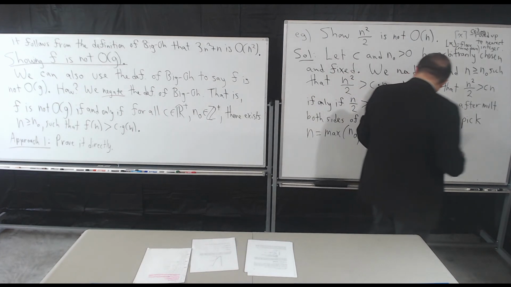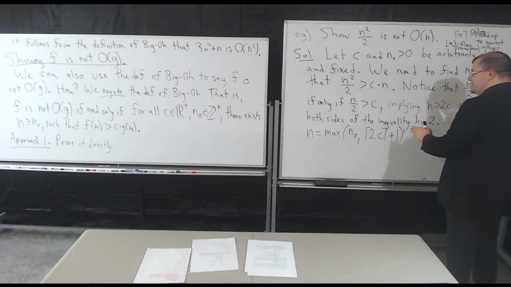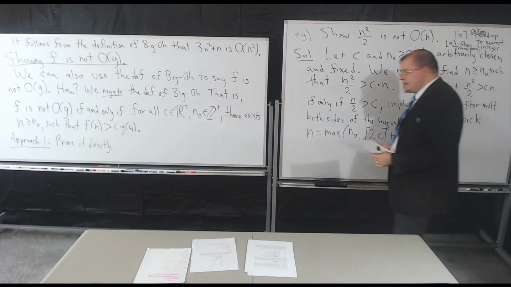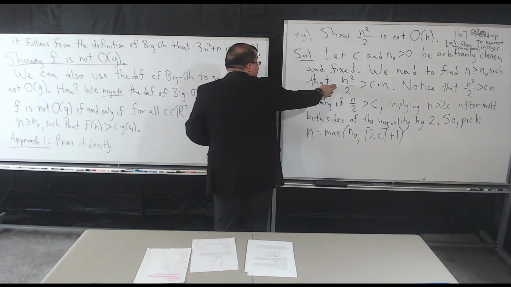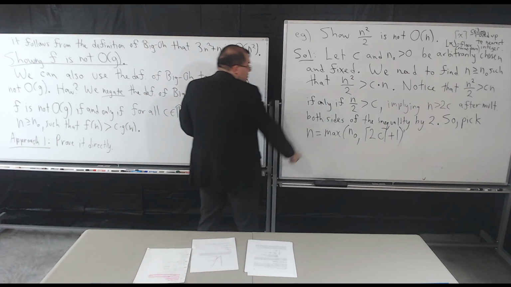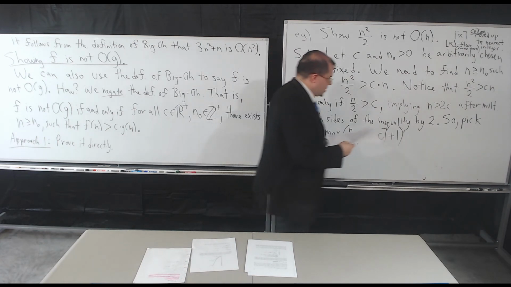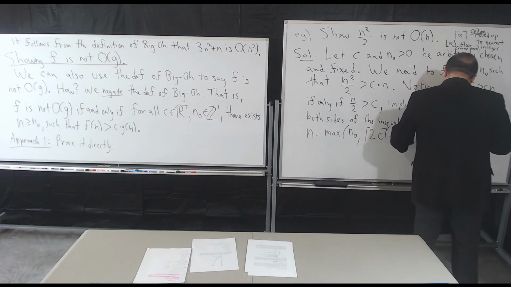Okay? So now look, if I pick this, no matter what c and n0 are, because now it's in terms of n0 and c, this inequality is going to get satisfied for this particular n, okay? So I picked it big enough.